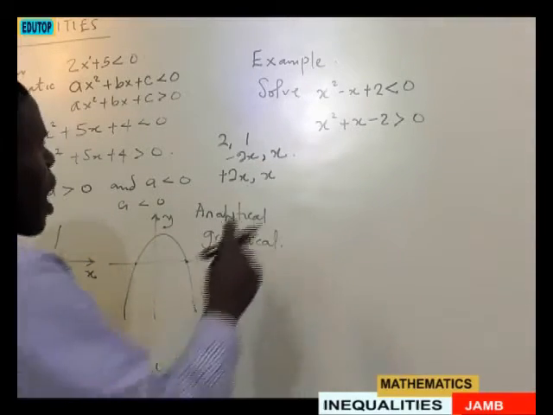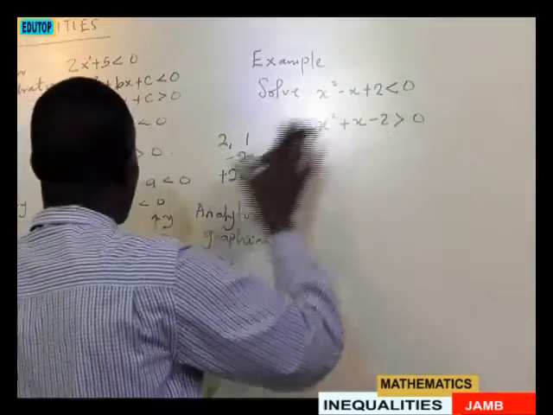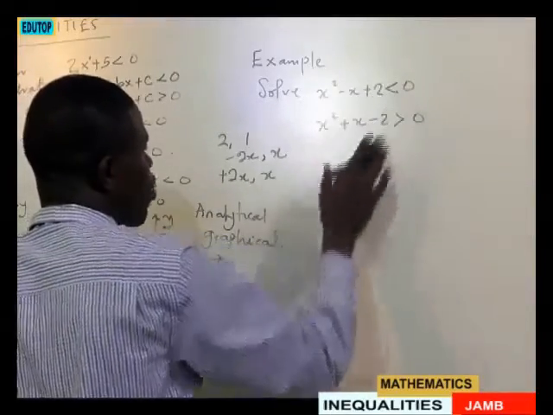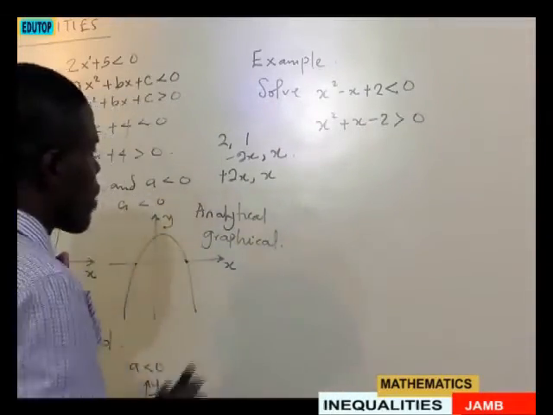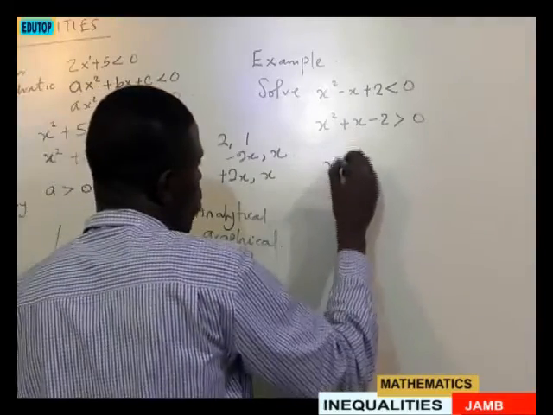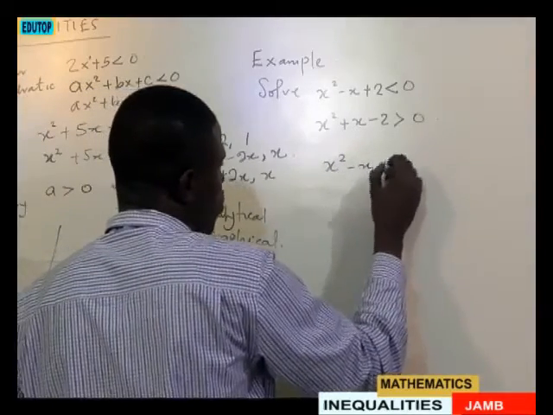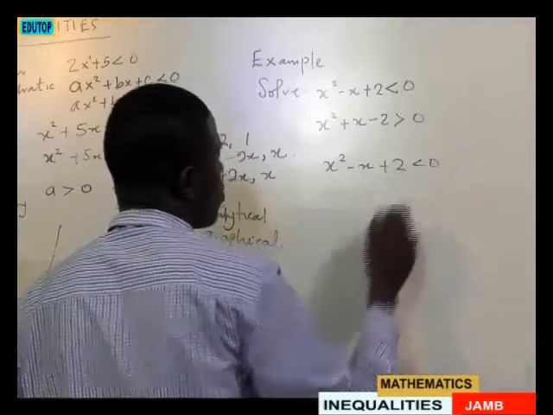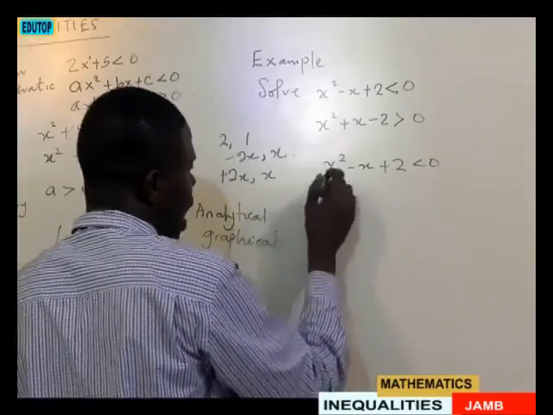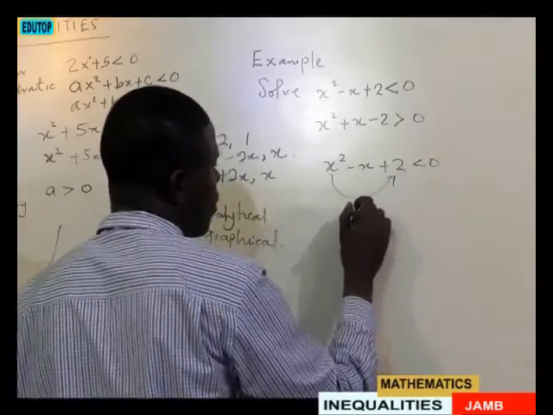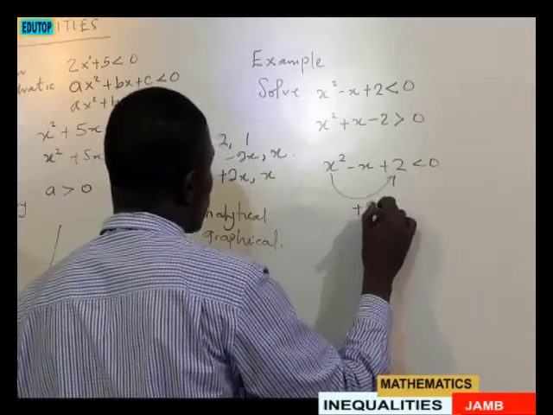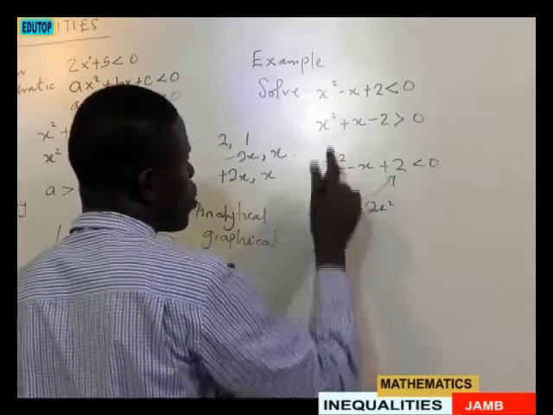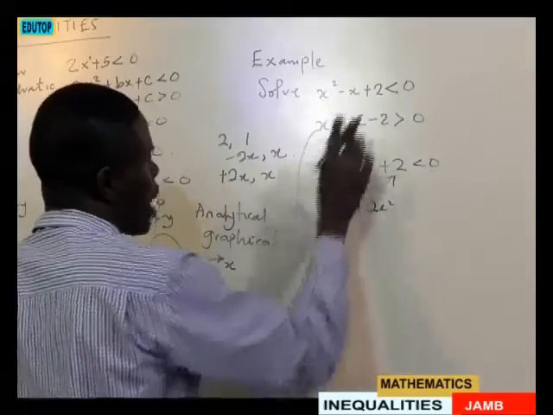So let's see how we can use the graphical method to solve this particular problem. If you consider the first one, x squared minus x plus 2 less than 0, I will use this to multiply this, whereby I will have plus 2x squared. This one will not even work. So let's try the second one.